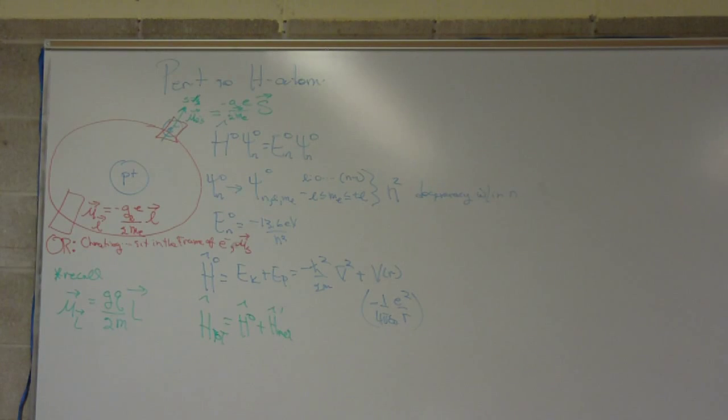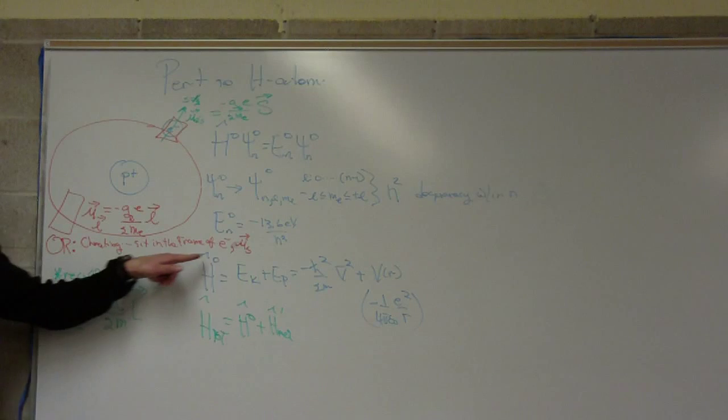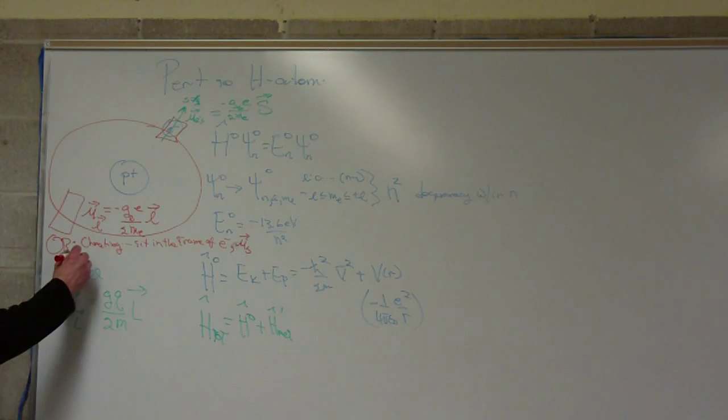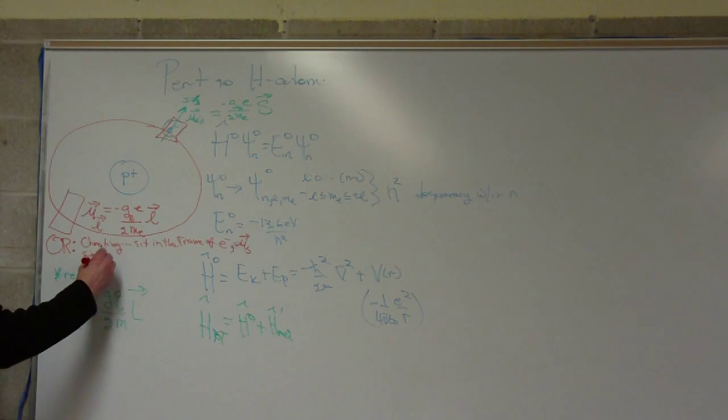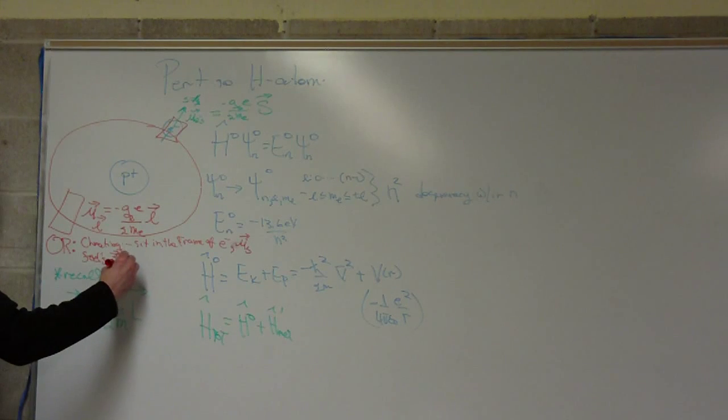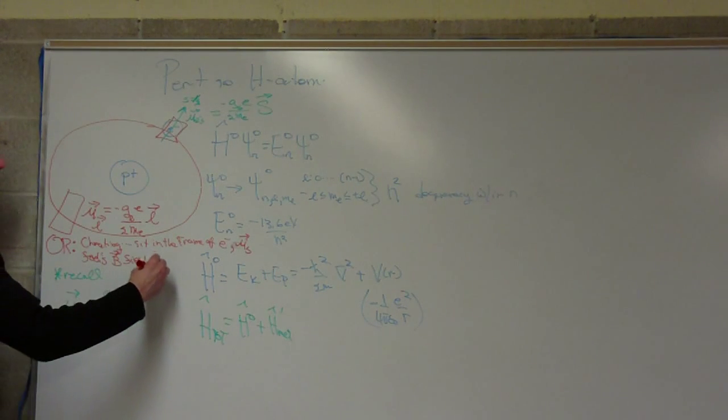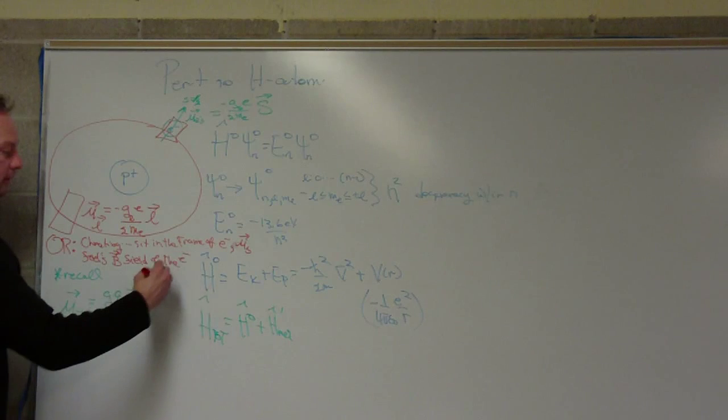So I'm not seeing the magnetic dipole of the orbit. What I'm feeling is the magnetic field of the orbit. So if you sit in the frame of the electron, it feels the B field of the electron orbit.